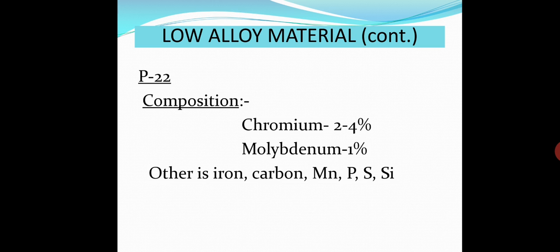Another low alloy material is P22. P91 and P22 are low alloy materials because the alloying elements are added in a lower percentage. Chromium here is 2 to 4%, molybdenum 1%, and the rest is iron, carbon, manganese, phosphorus, sulfur and silicon. So P91 and P22 have varying percentages of the alloying elements chromium and molybdenum.